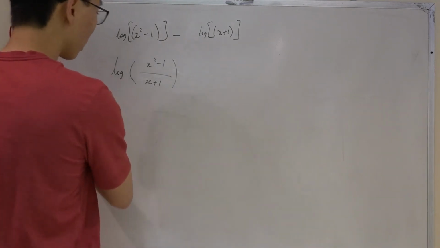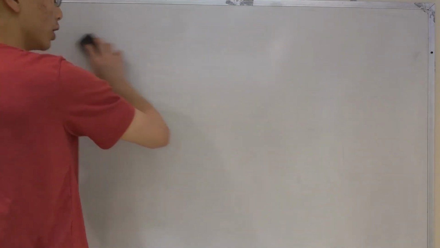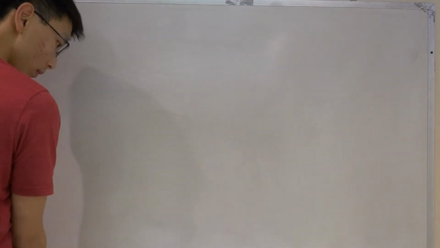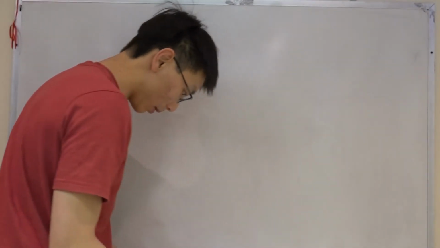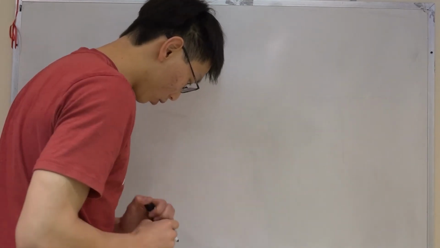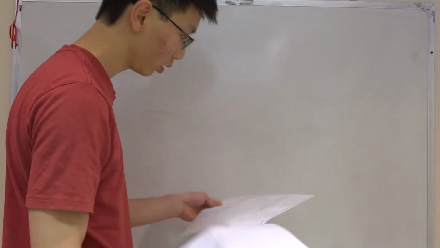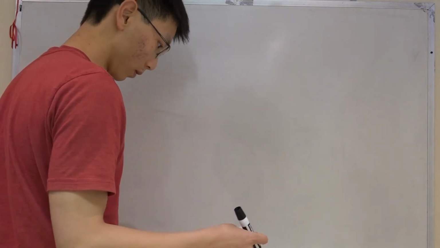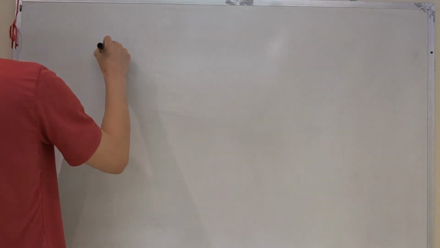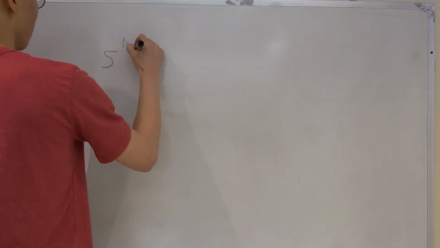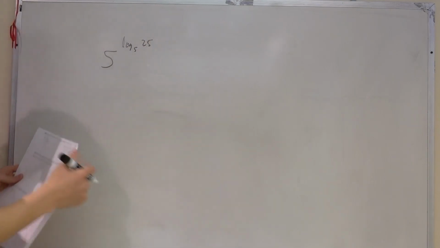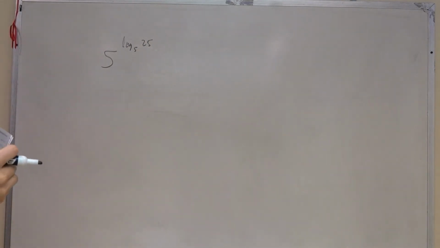Next, we're going to go back to some more evaluation style questions with numbers in them. So here we are. We've got 5 to the log base 5 of 25. Try figuring that out on your own.